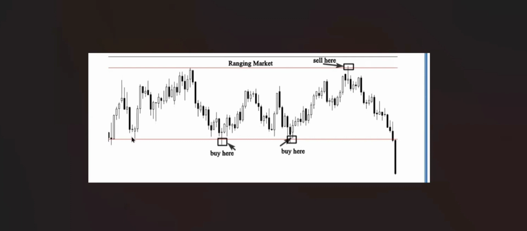You buy at key support levels and you sell at key resistance levels. That's one way to trade in a ranging market. Another good way to trade a ranging market is waiting for the breakout.